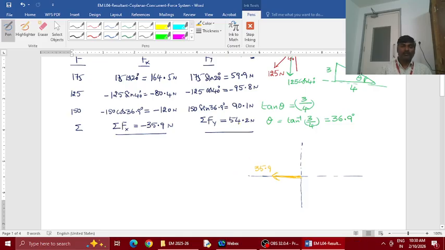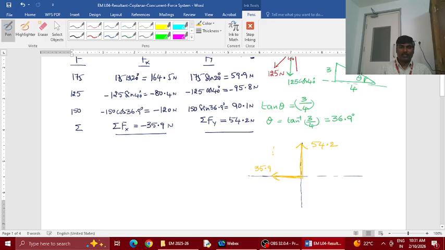The y value is positive, so it is towards the positive y-axis, 54.2. I have changed the length of the arrow: this one is shorter and this one is longer, because 35.9 is a lesser value than 54.2.